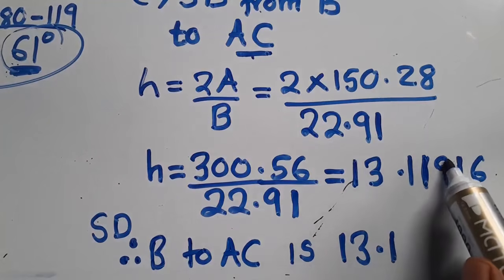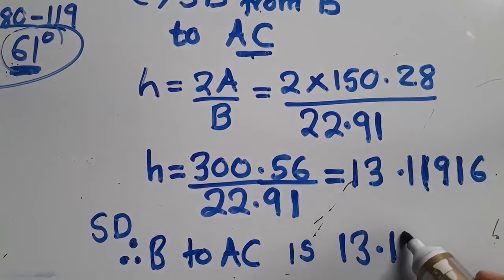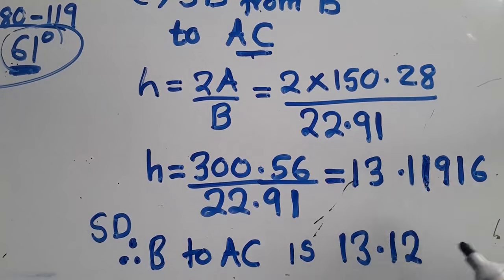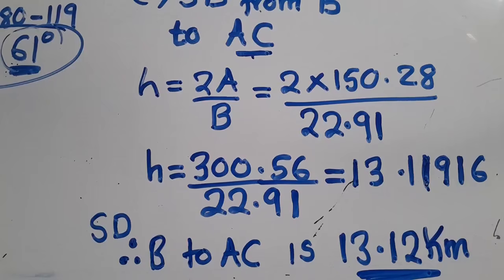No, the number after this one is greater than 5, so I put a 2 there. So 1 plus 1 becomes 2, so 13.12 kilometers. This is the shortest distance. This is how you needed to answer the question.